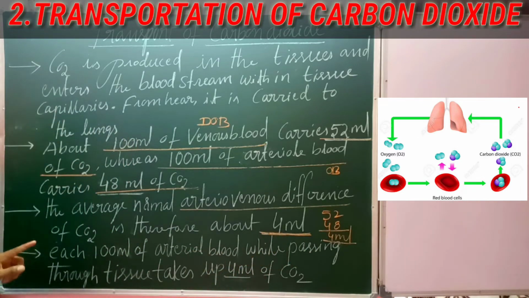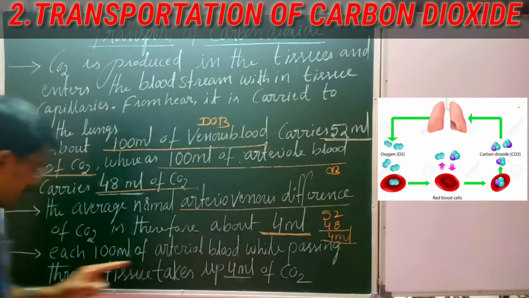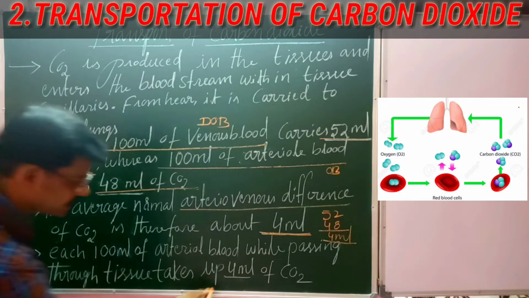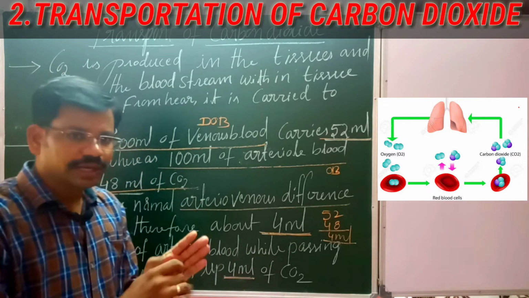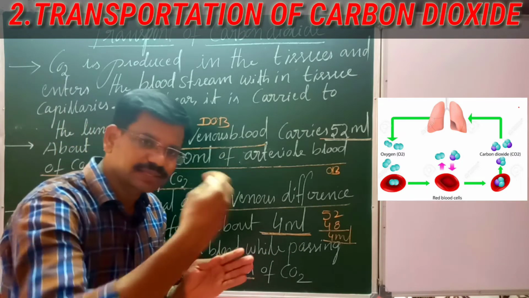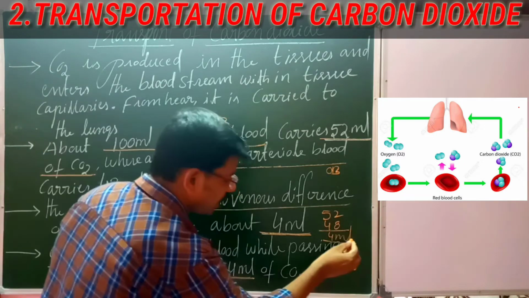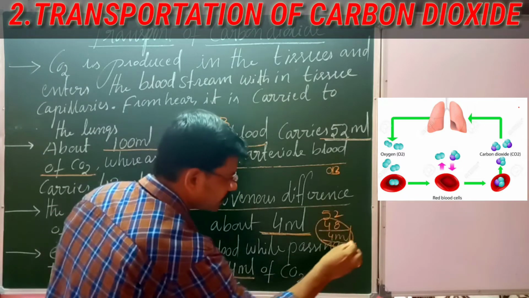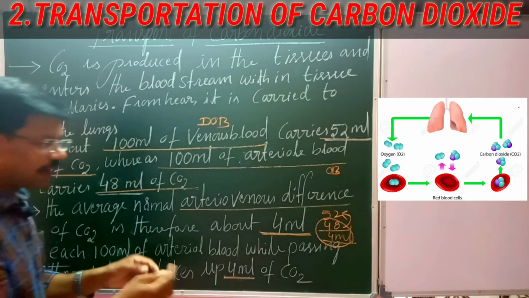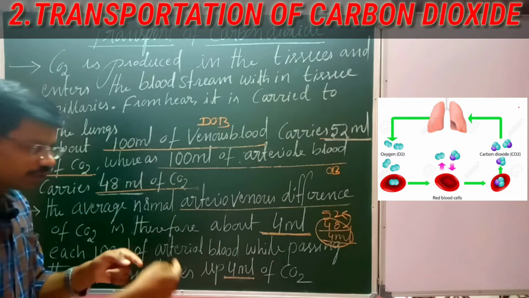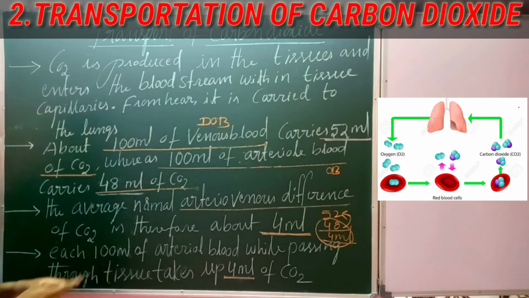At the same time, each 100 ml of arterial blood, while passing through the tissues, takes up only 4 ml, because 48 ml of carbon dioxide already exists in the arterial blood. So in each circulation, 4 ml of carbon dioxide is picked up and added to the arterial blood to become 52 ml, which is the venous blood.